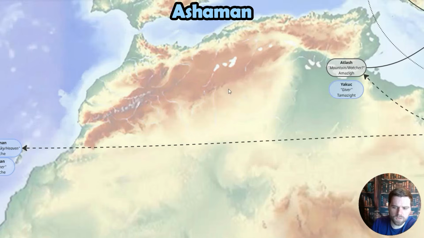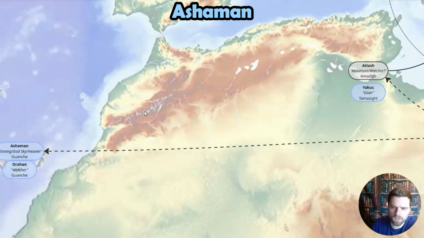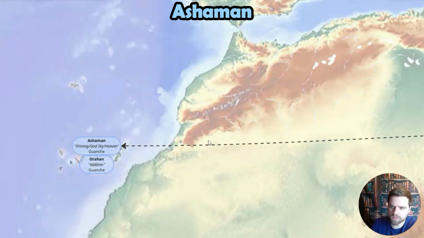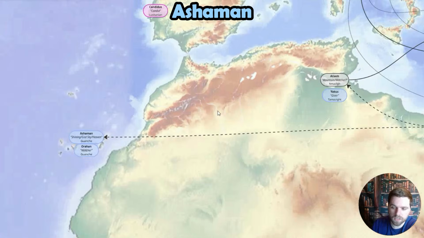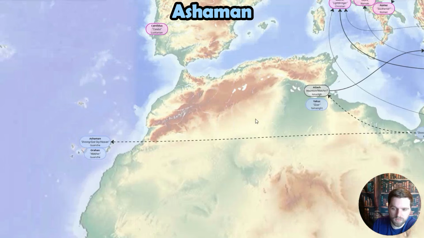Very similar to the Amazigh Yakuk, who's basically their high god, and his name means giver, the giver. And Ashaman is reported to have given the Berbers cattle and other kinds of things, implying again a more Neolithic origin to his lordship potentially.